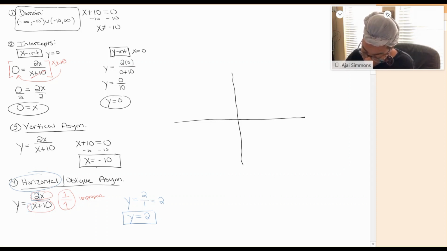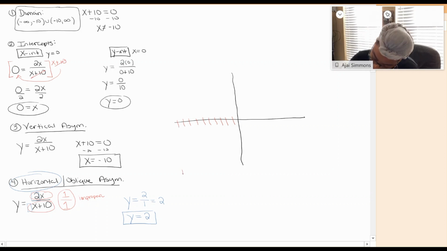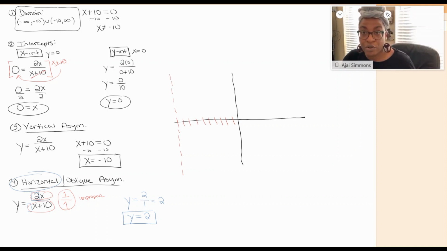So you have a vertical asymptote at negative 10. So 1, 2, 3, 4, 5, 6, 7, 8, 9, 10. Negative 10. You have a vertical asymptote at negative 10. And then we have a horizontal asymptote at 2.